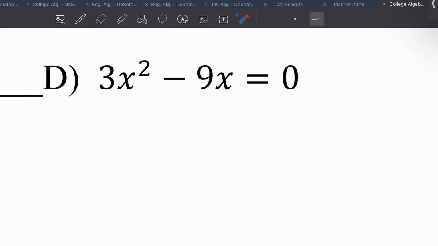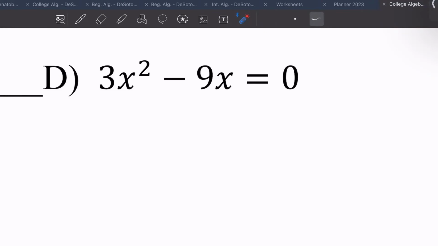Because our standard form says ax squared plus bx plus c, and I only see x squared and a b. Well, I would say that your c is just 0. We don't write +0 ever, right? So we are okay. And this has 2 terms, and now we need to factor it.